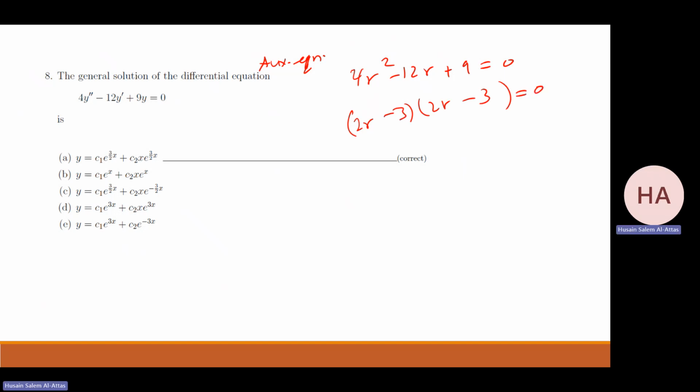Am I right? 9 minus 6 minus 6, that will be minus 12. So the roots are 3 over 2 and 3 over 2. General solution: y equals c1 e to the power 3 over 2 x plus c2 x e to the power 3 over 2 x, which is this.